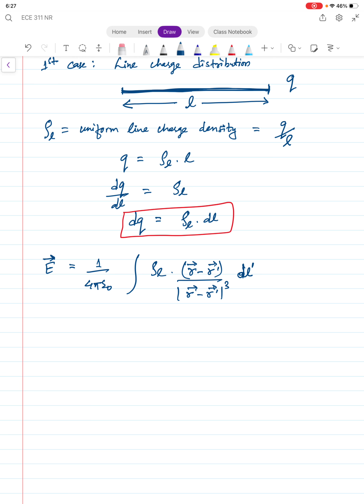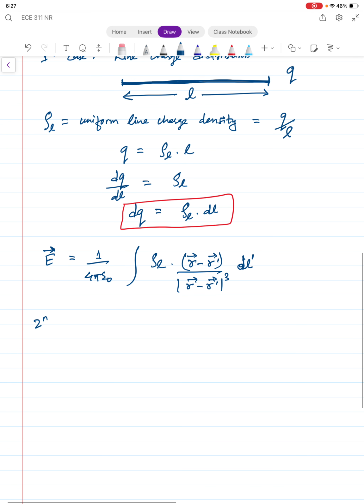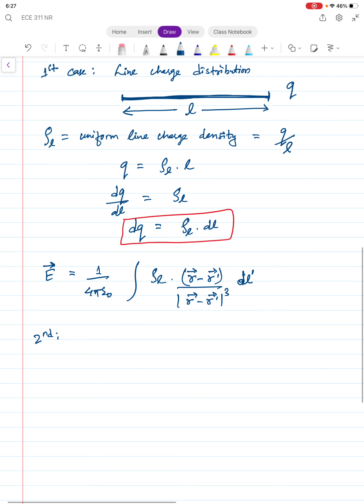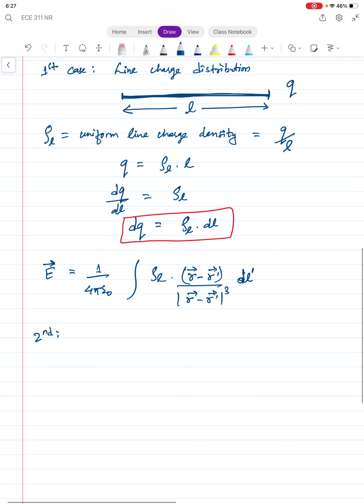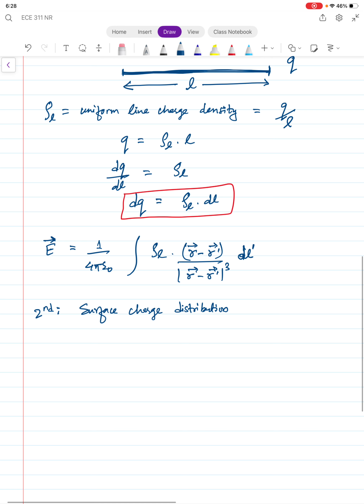Okay, similarly, if our charges are distributed over a surface, that is now called surface charge distribution. This just means instead of a one-dimensional line, our charges are distributed over a surface.